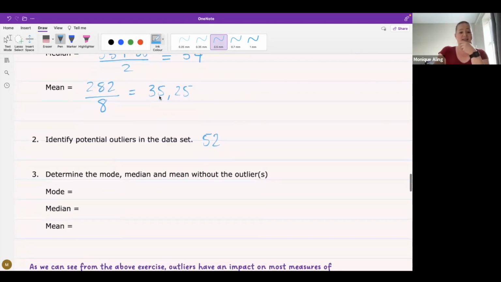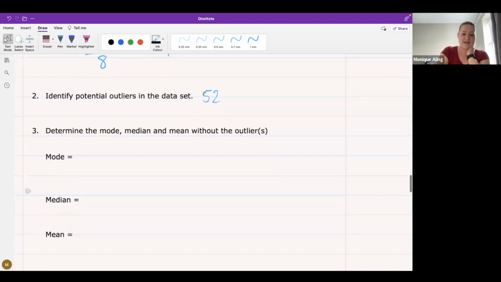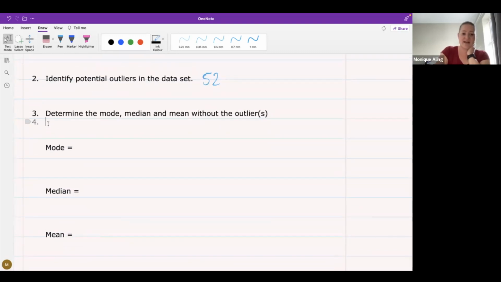So now it says, question 3, determine the mode, median, and mean without the outlier. Okay, so now we need to take the outlier out of things because I just want to show you what difference it makes. Ontle, yes. So I'm just going to write the numbers down again, guys, so you can see it here.